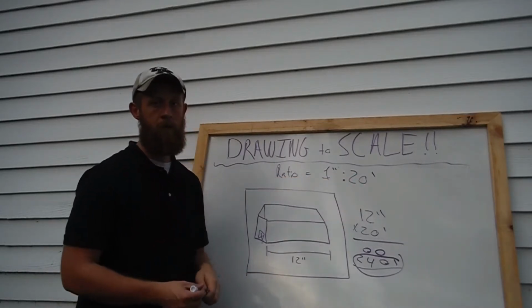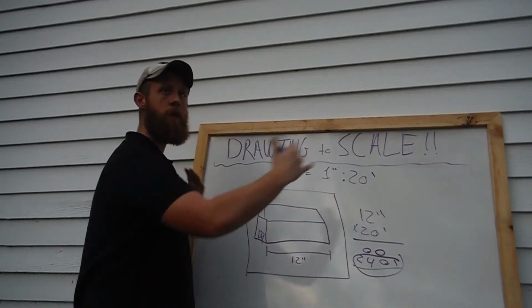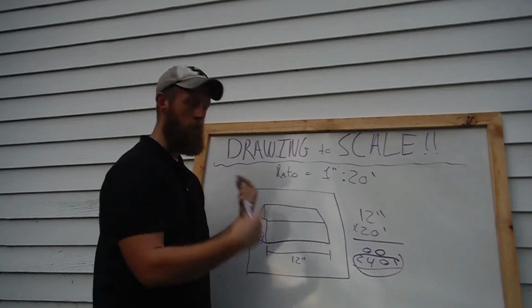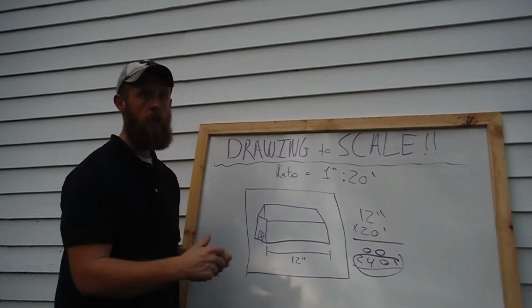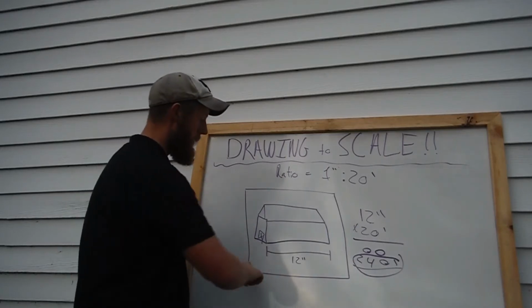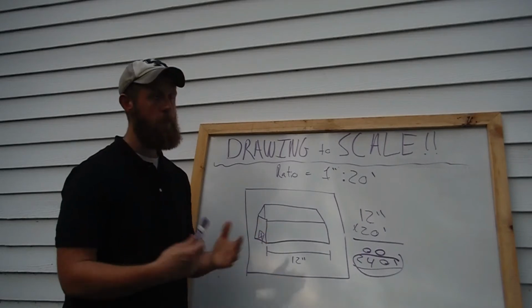There's two ways to go about it. One, if you already know how big the building is, you work backwards until you find a scale that fits on paper, or two, you're trying to plan and predict, and you'll draw it out on paper first and then go back and put in those measurements.